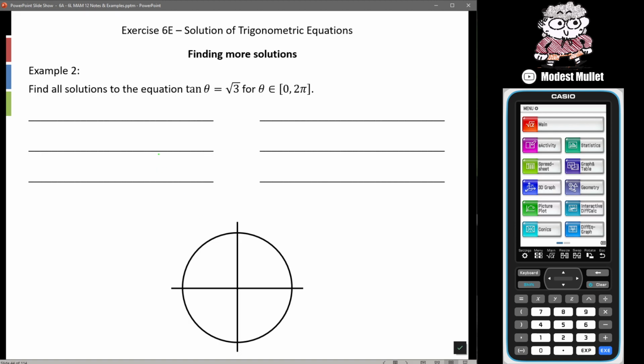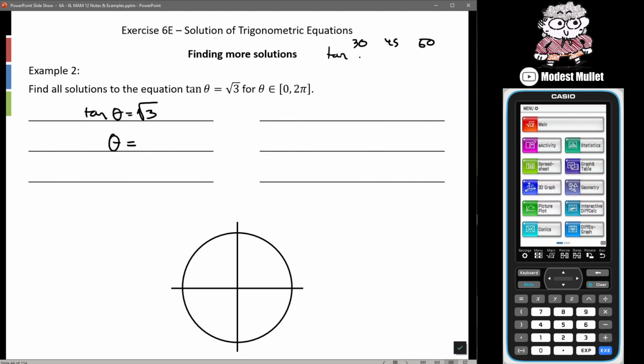Rightio, so let's have a go. Find all solutions to the equation tan theta equals root 3 over the period 0 to 2 pi. Well, for tan theta equals root 3, we know the basic solution to that. If we think of our table of values, tan gets bigger: 30, 45, 60.